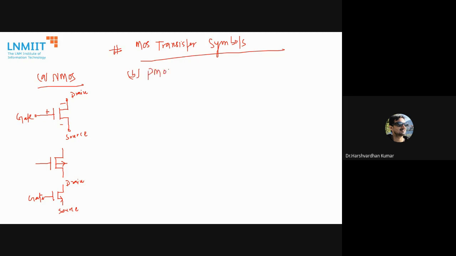Now let us talk about the PMOS, then you can easily differentiate. So in PMOS, this will be the gate, drain, and source. What will be the sign convention here? It will be negative, right?